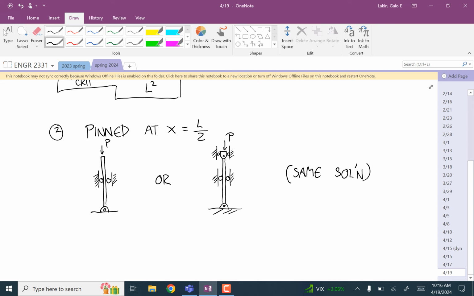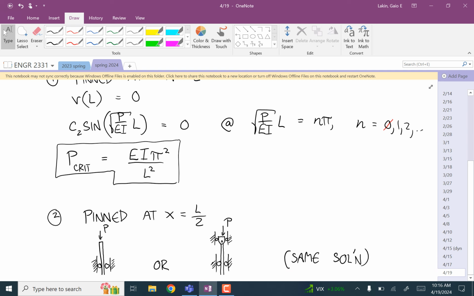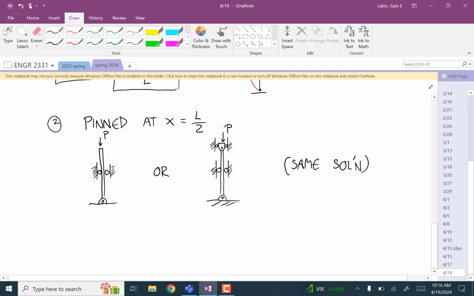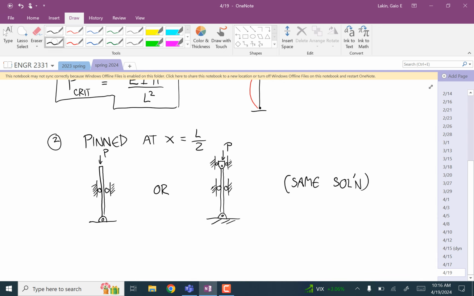So it's going to buckle in both segments in opposite directions. So those are pins, and this solution is this, okay?